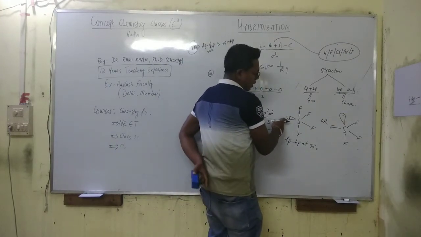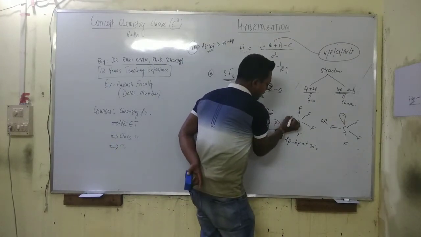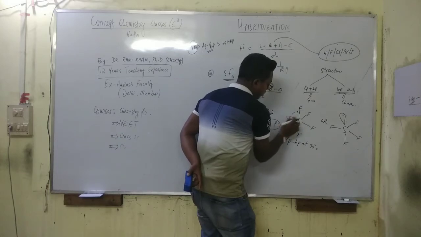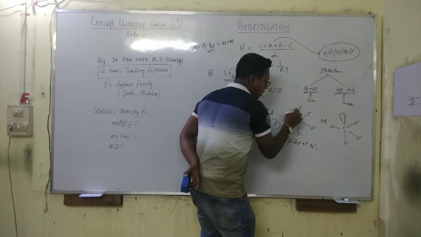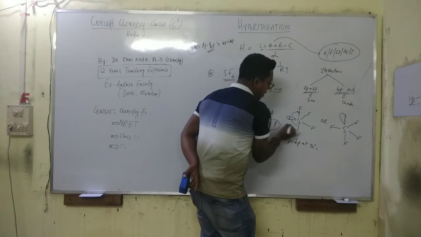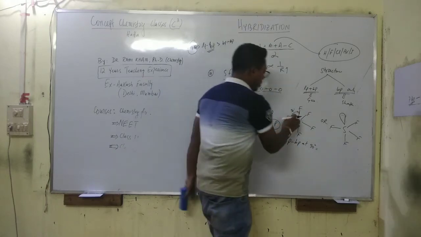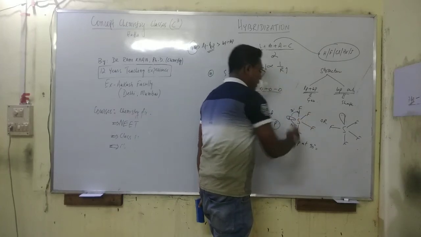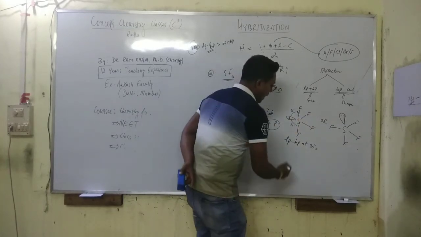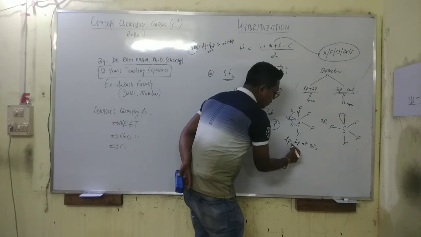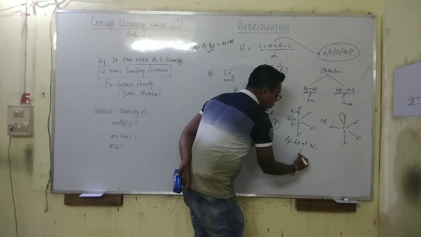Since this is an equatorial position, the equatorial and the axial bonds are at 90 degree. This lone pair and bond pair is at 120 degree, so we will not include that one. So lone pair-bond pair repulsion at 90 degree is only 2.